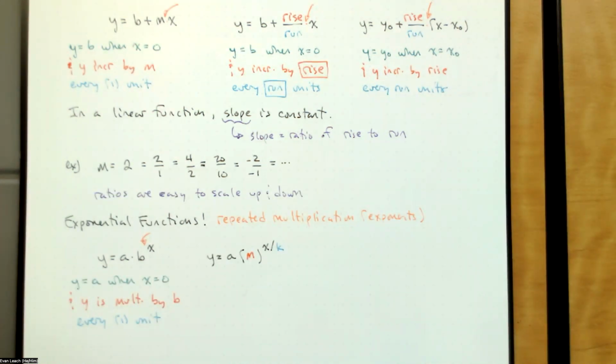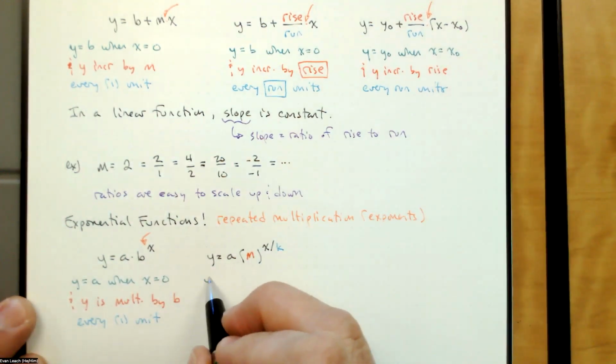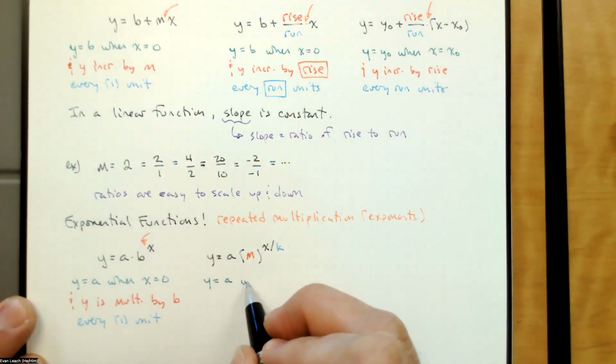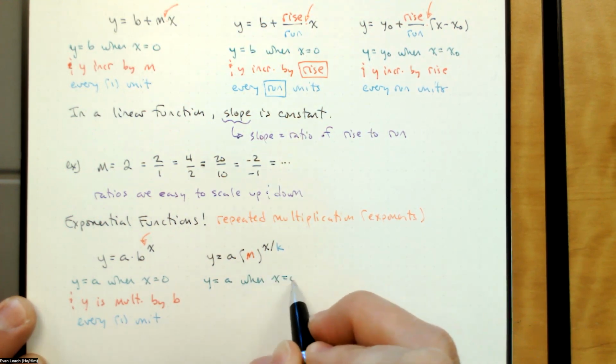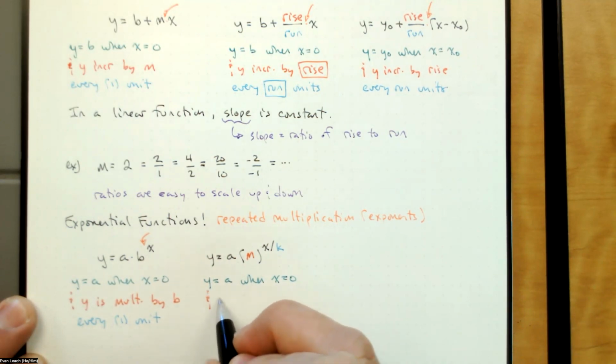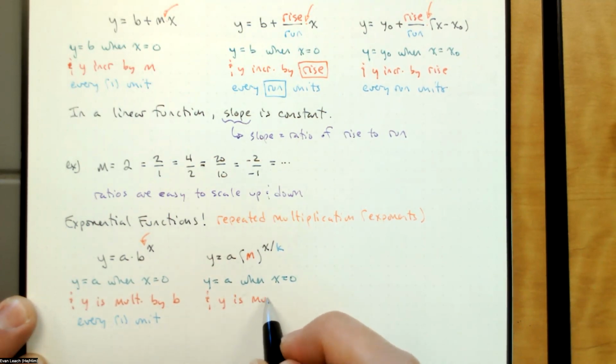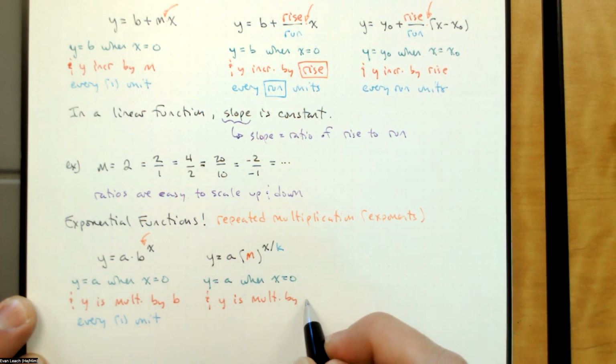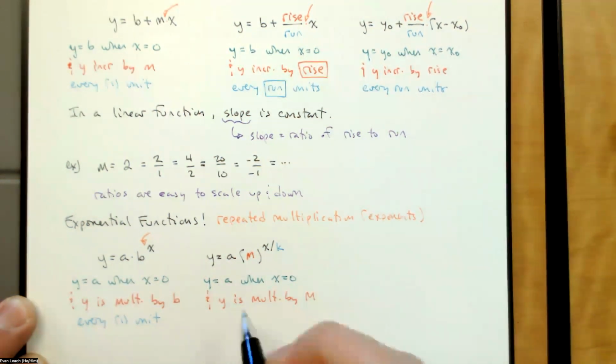Notice that in multiples of k, when x is equal to 0, I have multiplied by m 0 times. 0 divided by k is 0. We've multiplied by m 0 times. We're starting off at a. So here, y is equal to a when x is equal to 0, and y is multiplied by m every k units.